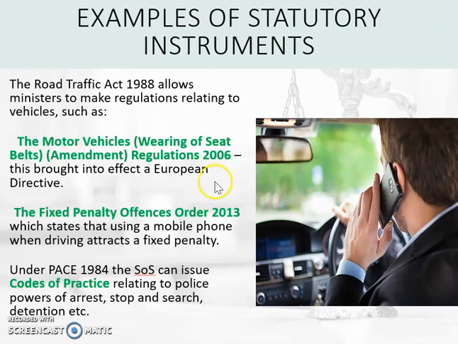And you can see here as well, for example, under PACE, the Police and Criminal Evidence Act 1984, the Secretary of State can issue codes of practice relating to police powers of arrest, stop and search and detention. So the Enabling Act is PACE, so that Act of Parliament sets out the rules, but the Secretary of State can change codes of practice, little things like what do the police have to say when they arrest you.